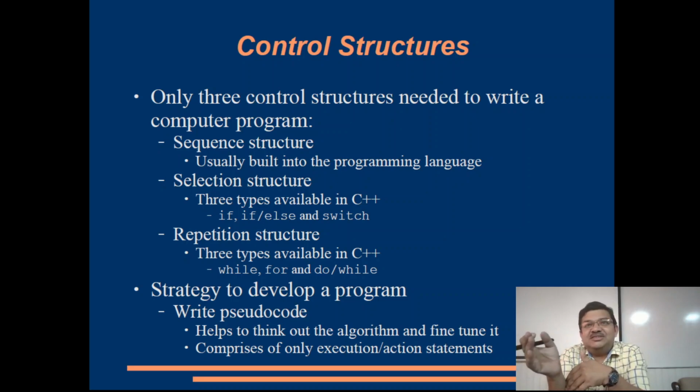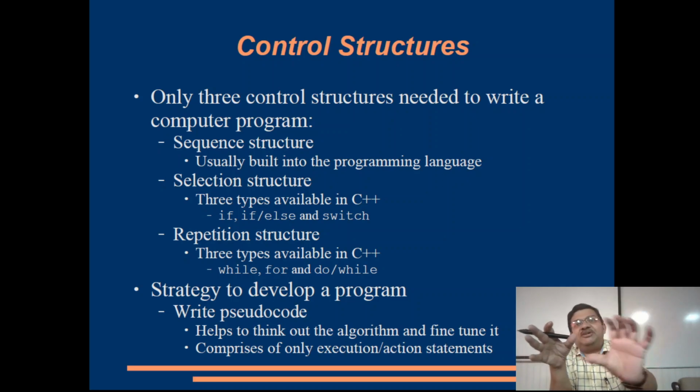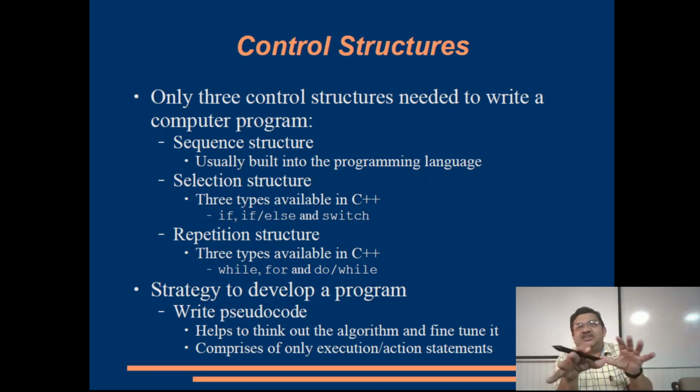So you have 2 branches. The if statement only executes that statement if a certain condition is satisfied. Otherwise, it moves on to the next statement, right? Otherwise, if you have a branching out, then there is an else clause. If this is true, do this, otherwise do this, and then move on with the rest of the code.